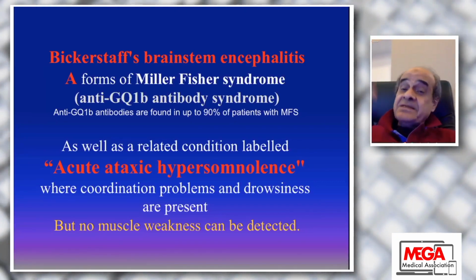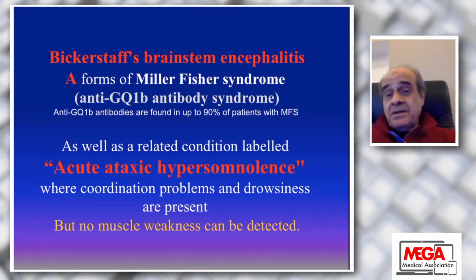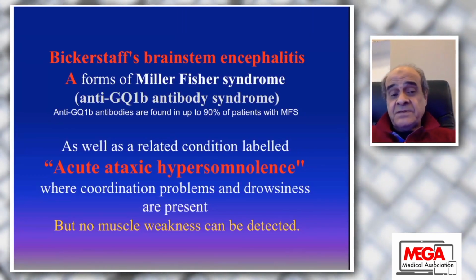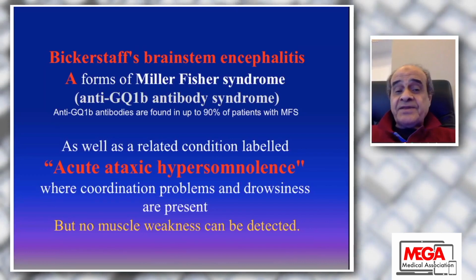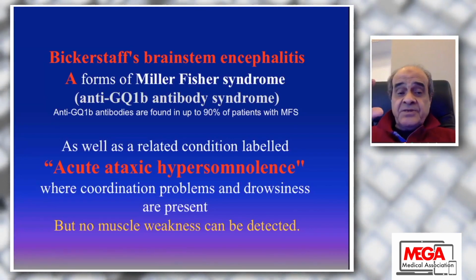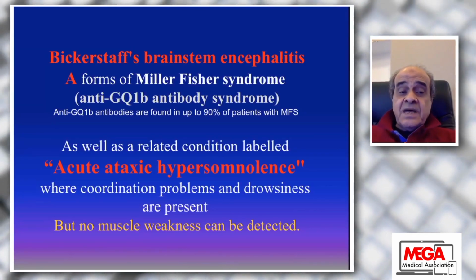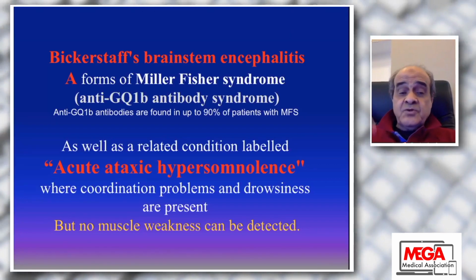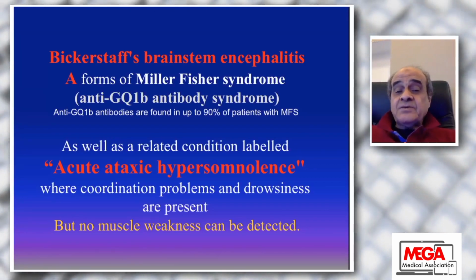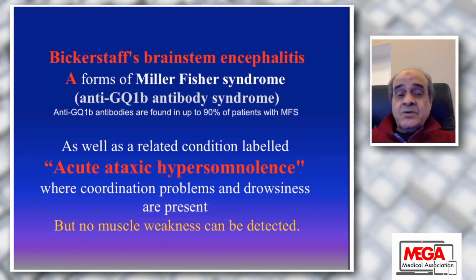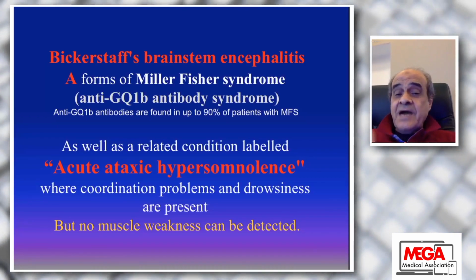There is another disease entity of GBS, which is acute ataxic hypersomnolence. The patient comes with drowsiness and coordination problems mostly, but no muscle weakness can be detected.